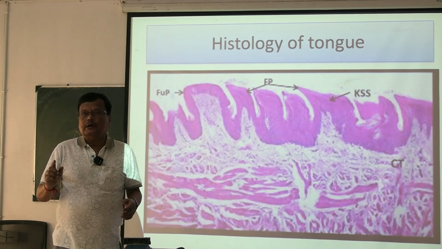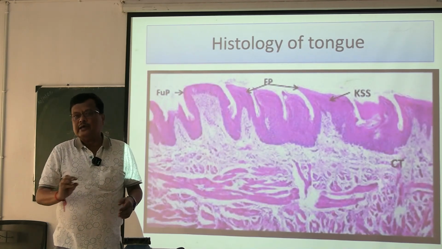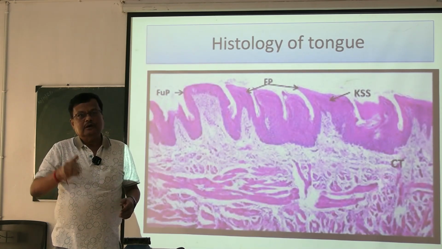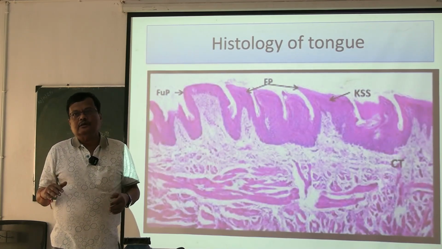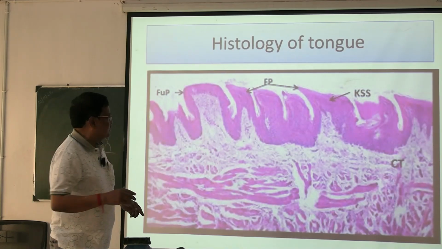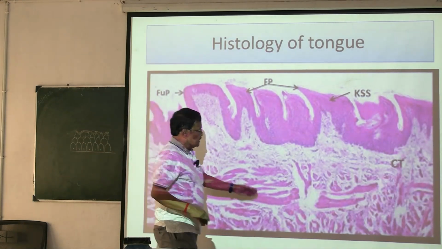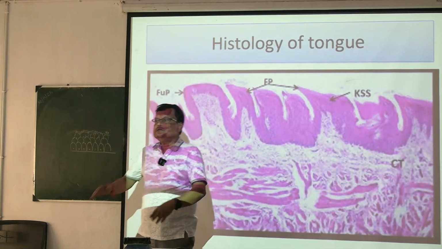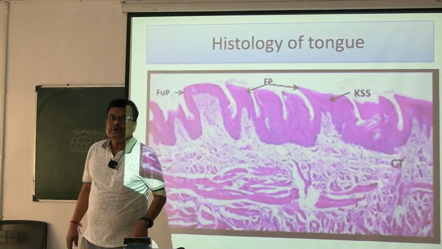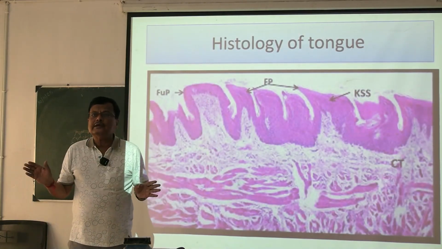Suppose there is a circular cut section, the same type of muscle fibers are seen, and longitudinal cut sections are seen, but here some are cut this way, some that way, some circularly. So it is cut everywhere. There is no regular arrangement.